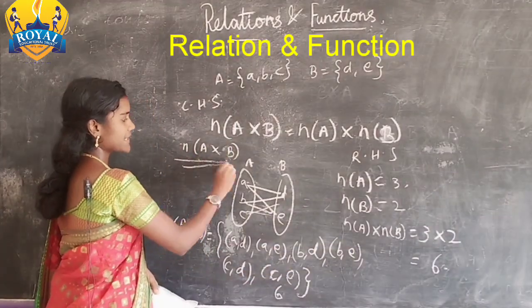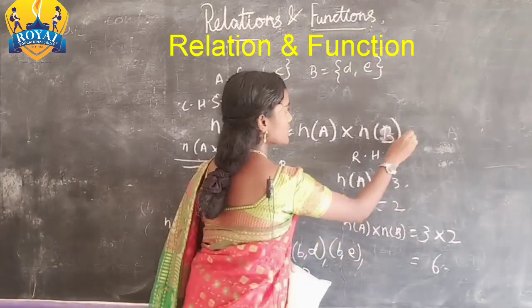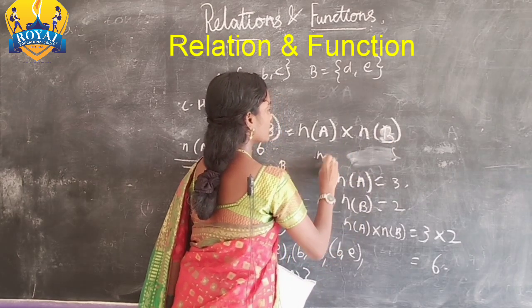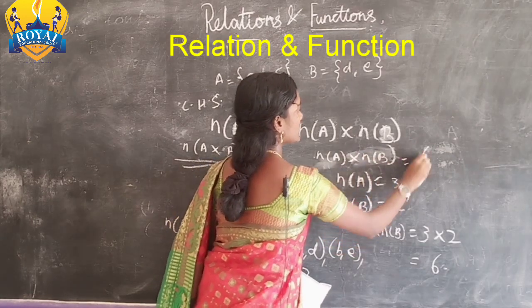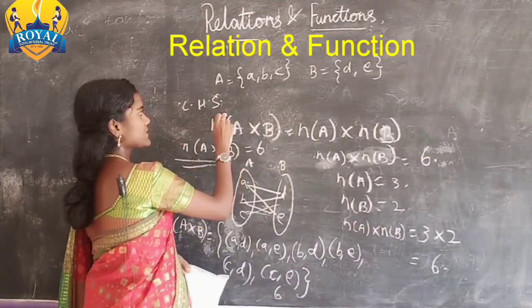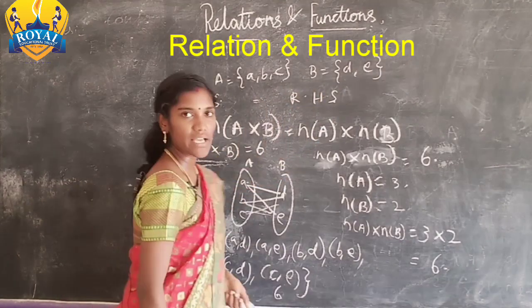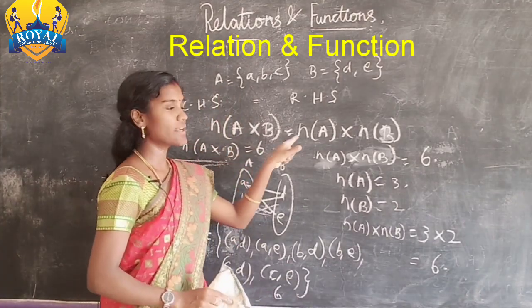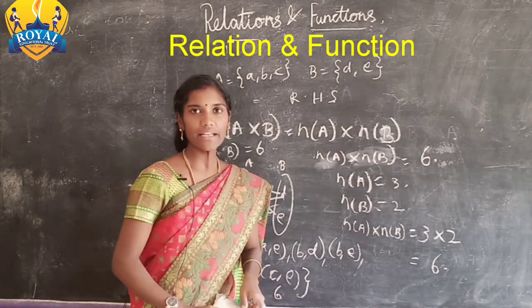So, the left hand side answer is 6. The right hand side answer is also 6. So, left hand side is equal to right hand side. We prove the condition: n of A cross B is equal to n of A into n of B.